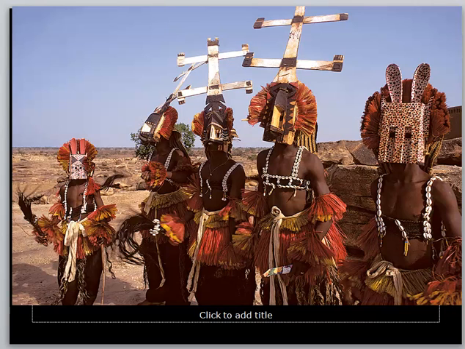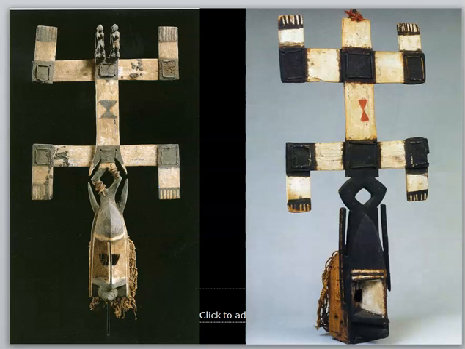To the uninitiated, let's take a closer look. Here are two of the Kanagas. The one that's on the right is located at the Penn Museum of Archaeology and Anthropology. This has a double cross superstructure with a vertical connecting the two, I'm going to call them realms.